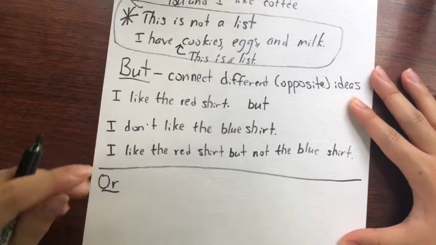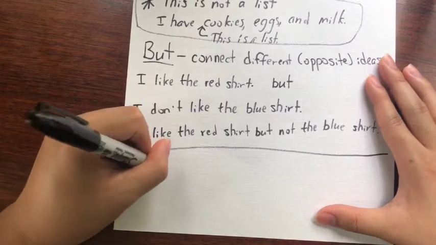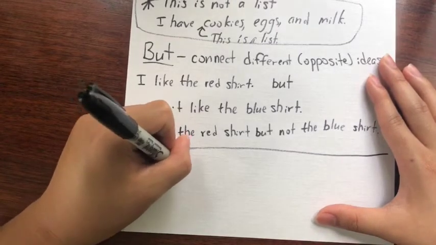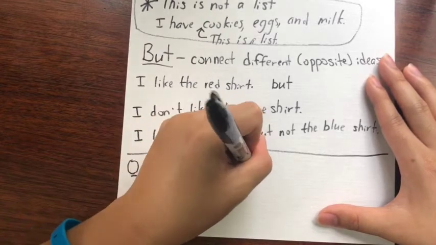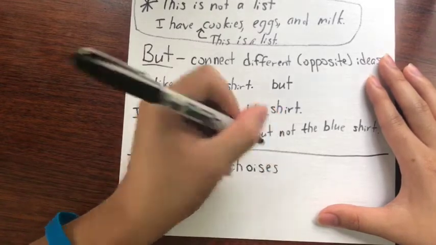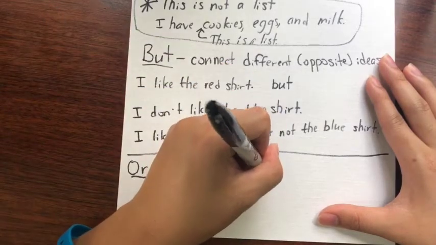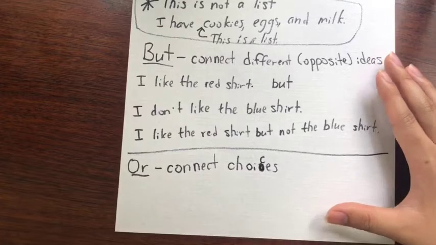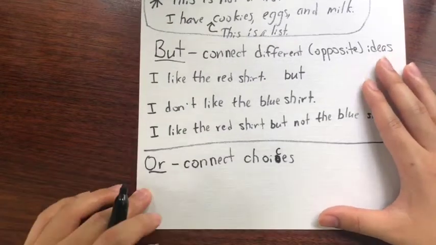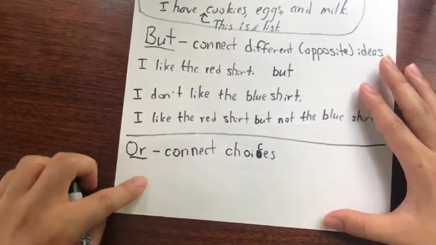And then we have the word "or." We use the word "or" when we connect choices. Wait, that's French. We use the word "or" when we connect choices. So when we connect choices, it means we can only pick one.